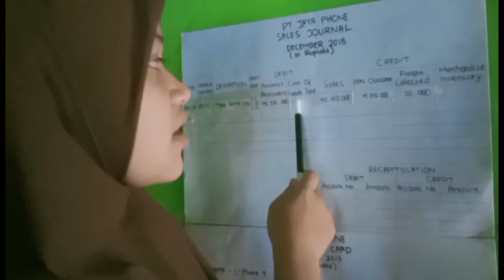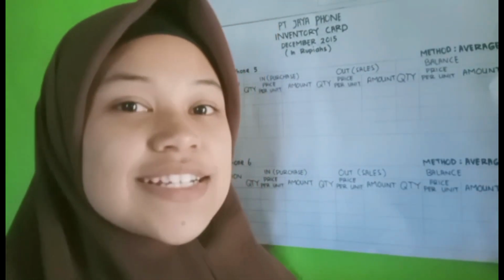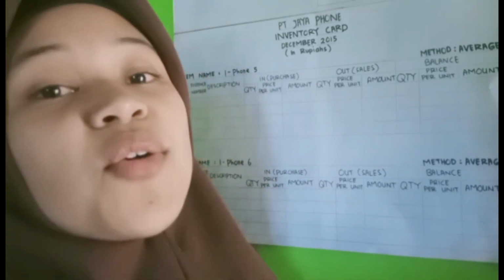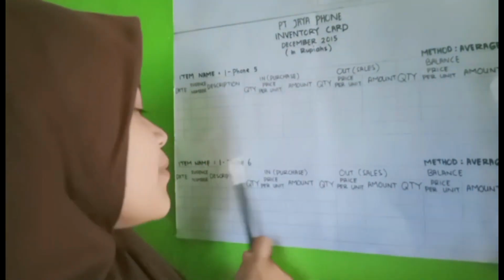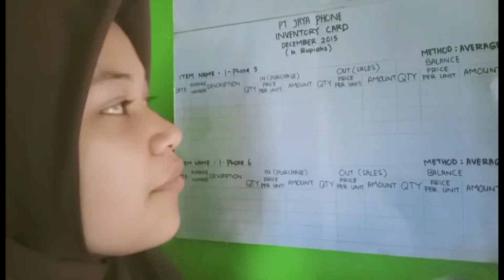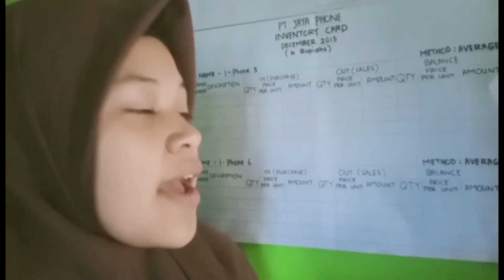To determine the cost of goods sold and merchandise inventory, we have to work on the inventory card. Okay friend, to determine the cost of goods sold, we will make an inventory card for iPhone 5 and iPhone 6 with the average method.